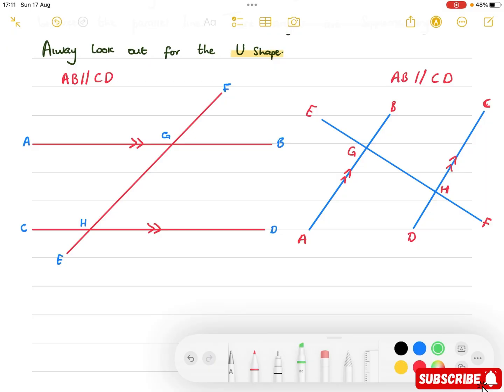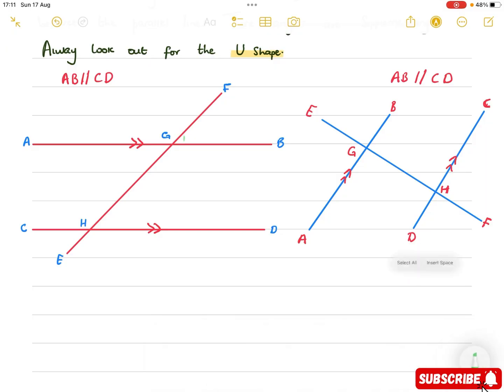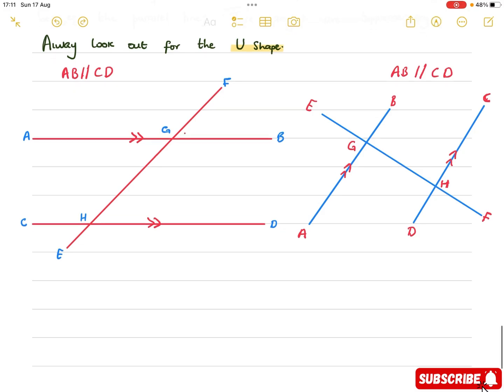So let us dive into this one. Let me label my diagram accordingly. Here I have G1, G2, G3, and G4. And I have H1, H2, H3, and H4.